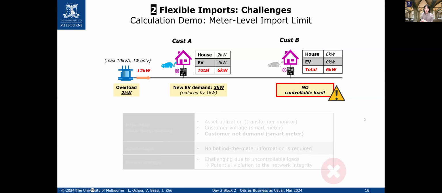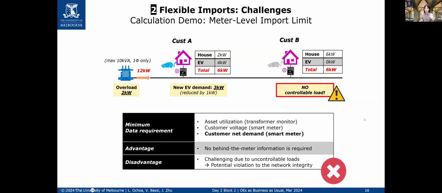Moving on. Different from the previous charging point input limit, now we do not need the actual measurement from the EV charger. Instead, we will need the customer net demand from the smart meter. And it is the beauty of this meter level input limit. It means we don't care about what is happening behind the meter. However, as a cost, as I mentioned, there's a challenge due to the uncontrollable loads and a potential violation of the network integrity.